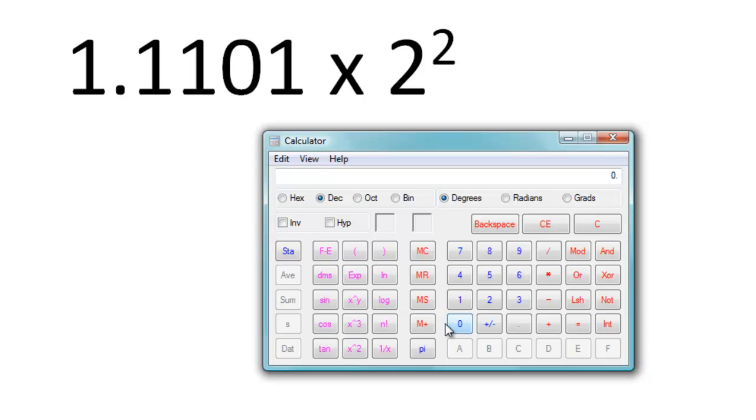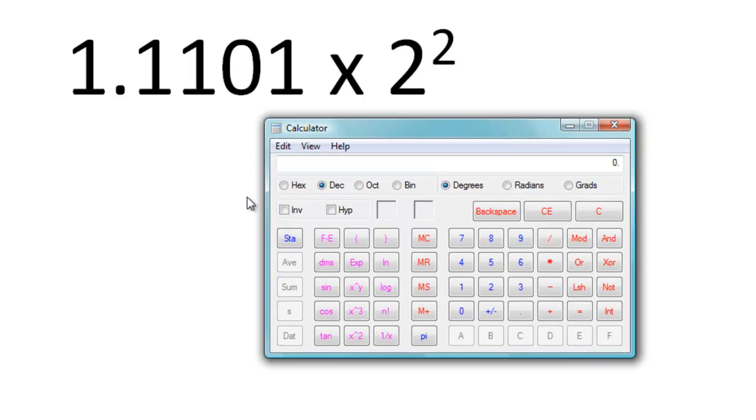Well, the calculator does not like fractional numbers, this one, but we're just going to say what this actually means. So if we put it into binary, we find that 1101 in decimal is in fact 13.